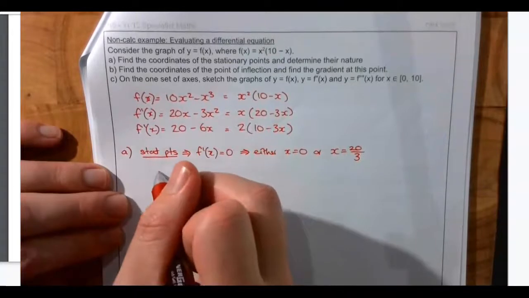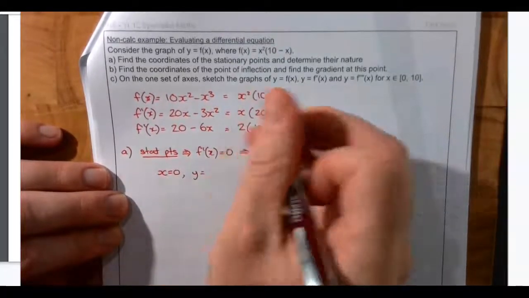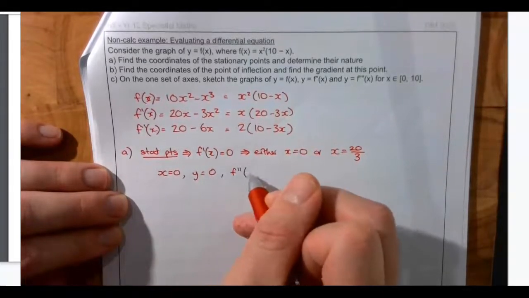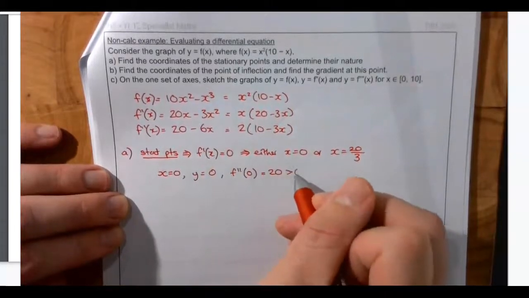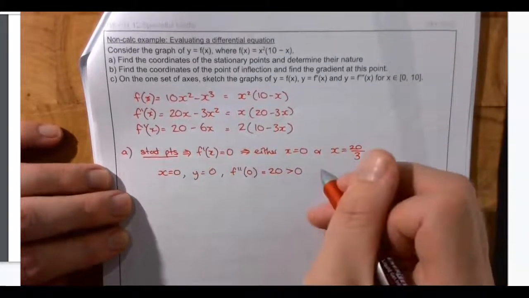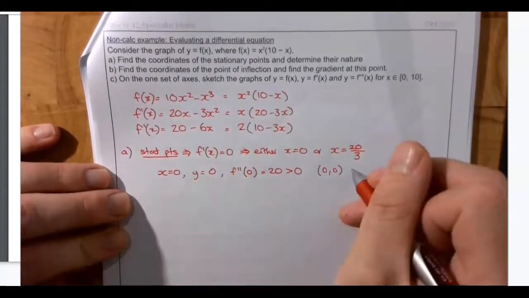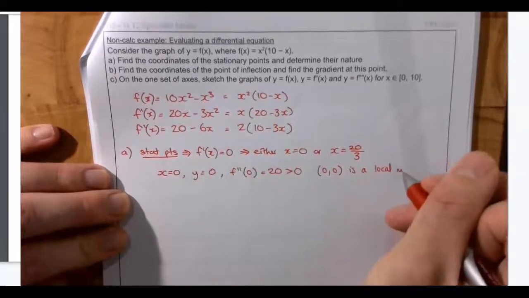Substituting both of those in, at x equals 0, y would be 0, and f double dash of 0 is 20, which is greater than 0. So overall that tells us that the point 0, 0 is a local minimum.